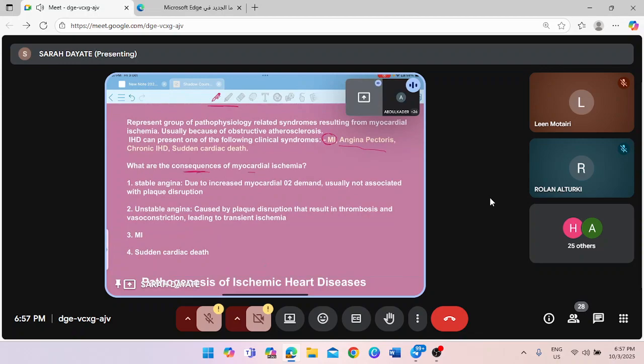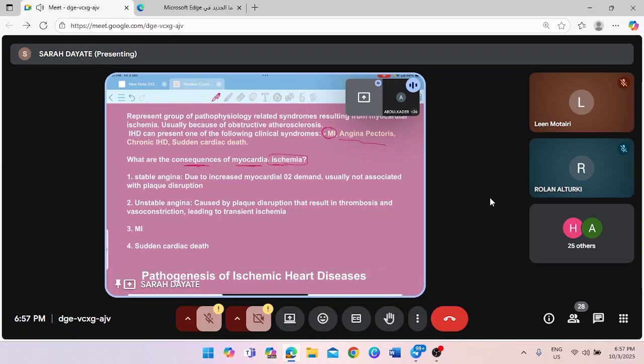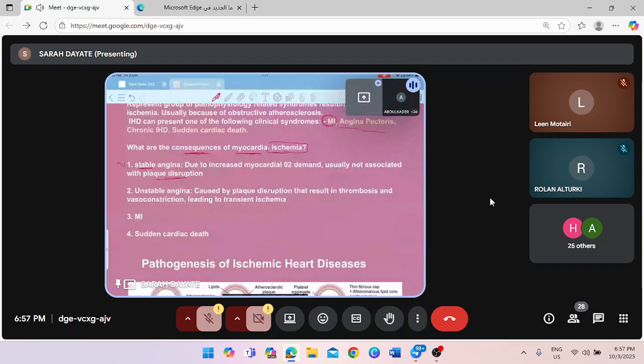What are the consequences of myocardial ischemia? When we have a block or less oxygen to the heart or myocardium, what are the consequences? We have multiple outcomes. First of all, we have stable angina. Stable angina is basically due to increased myocardial oxygen demand without plaque disruption, which means the heart will need more oxygen.